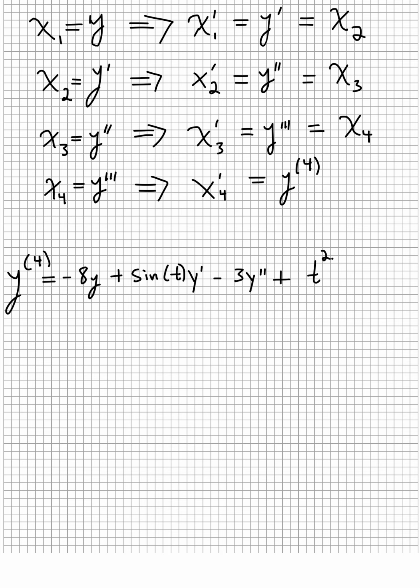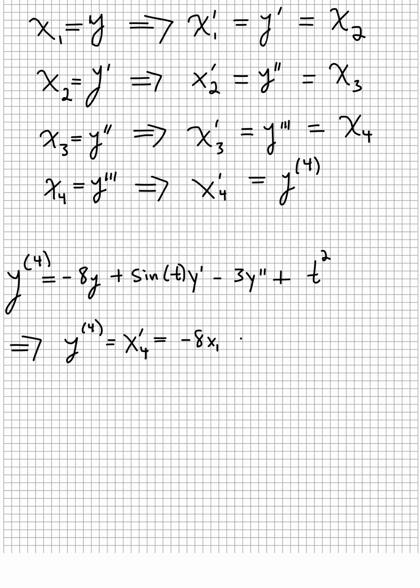All right. So this implies that y to the 4th, which equals, by the way, x prime 4, will be set equal to negative 8x1. That's what x1 is. It's y.